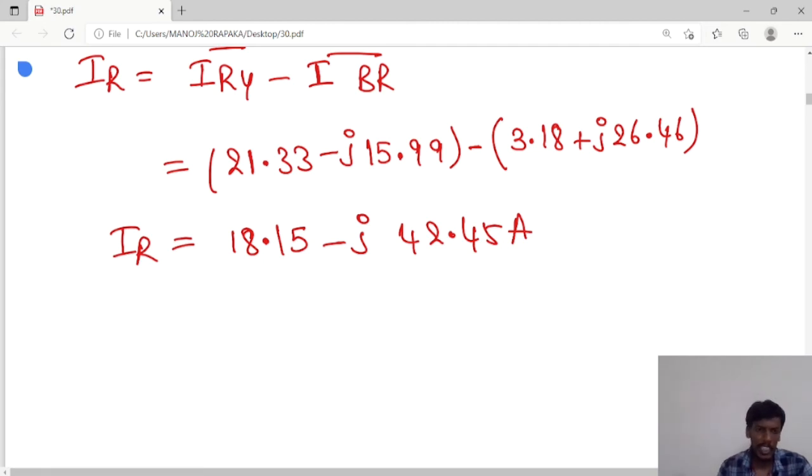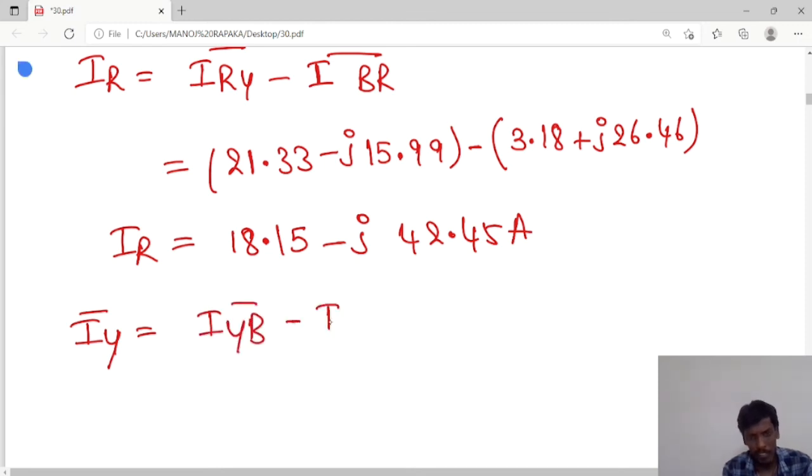Similarly, we calculate the other two line currents. IY equals IYB minus IRY.